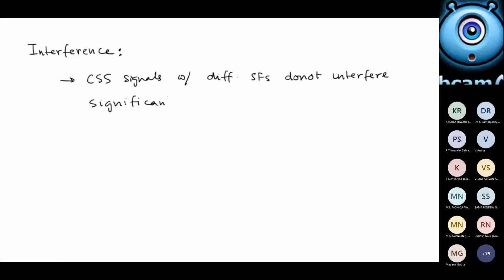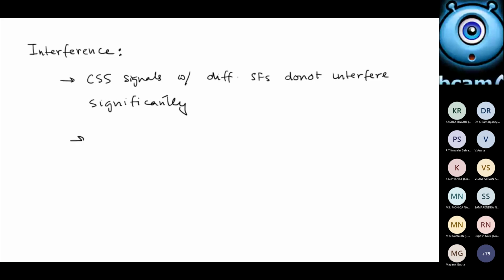A practical observation with CSS-based modulation schemes, especially the LoRa modulation scheme, is that if we have multiple CSS signals, each using a different spreading factor, then they will not interfere with each other significantly. So there is a strong enough chance that we will be able to correctly decode a CSS signal, even if there are some other spreading factor interferers present.